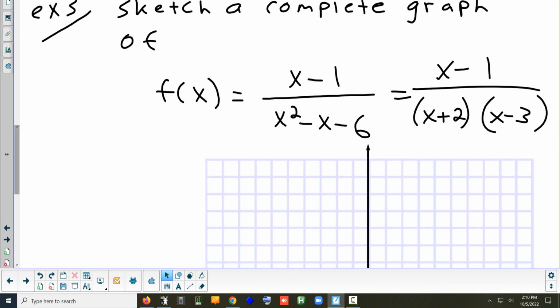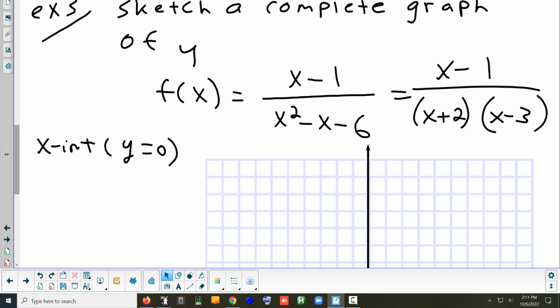Okay, let's try to find the x-intercept first. The x-intercept is when you plug in what number for what letter? Yep, Tony. When you plug in 0 for y. And if you're like, wait a minute, there's no y there.